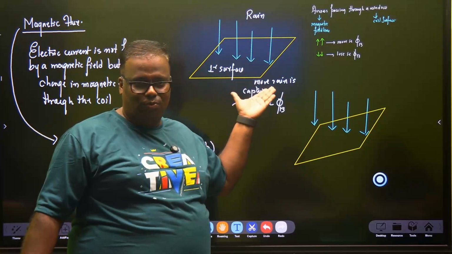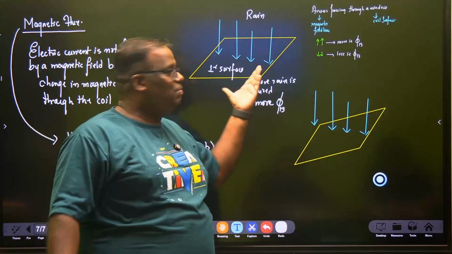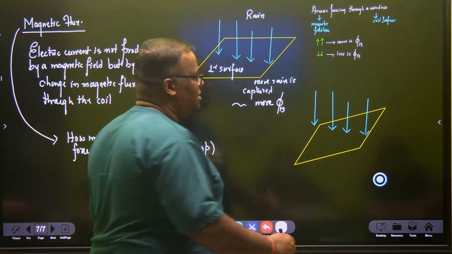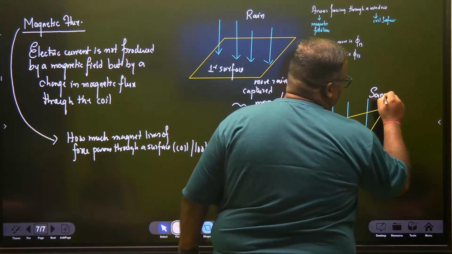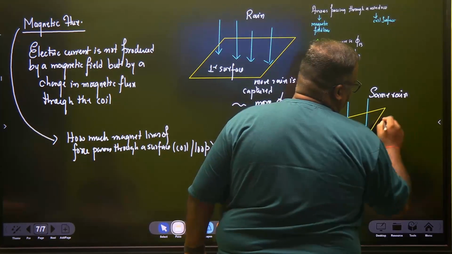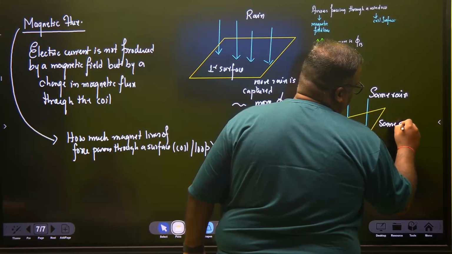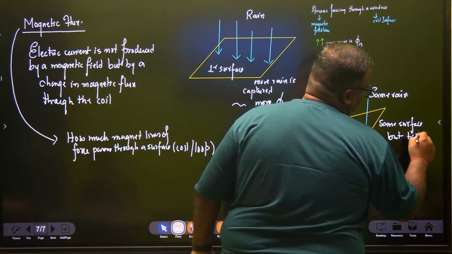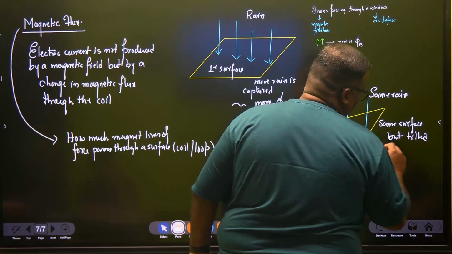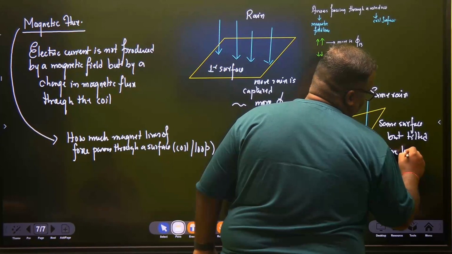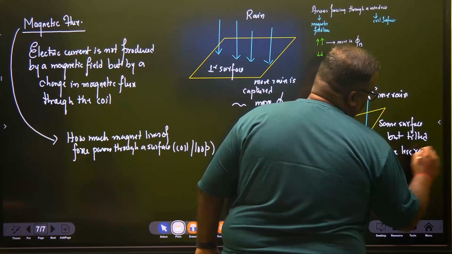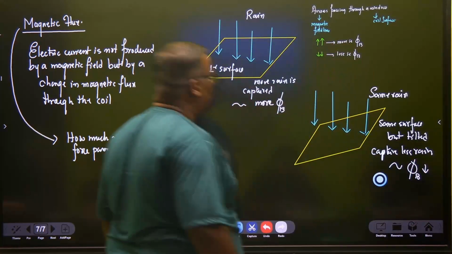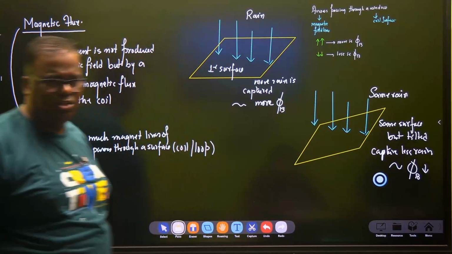The surface is also uniform, but you can vary the flux depending upon the orientation. Got it? The same rain and same surface, but tilted. Now you capture less rain. This is your analogy for less phi B, and this is more phi B.